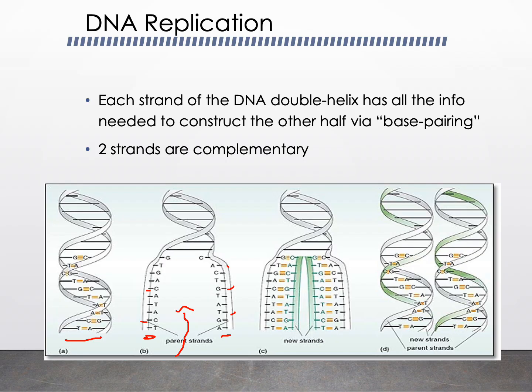It puts primer down on that parent strand, so then a third enzyme can come in known as polymerase and help develop the new strands, the complementary pair. And then in the end, what you have are two identical strands of DNA, two double helixes that are identical to one another, and that is through the process of DNA replication.